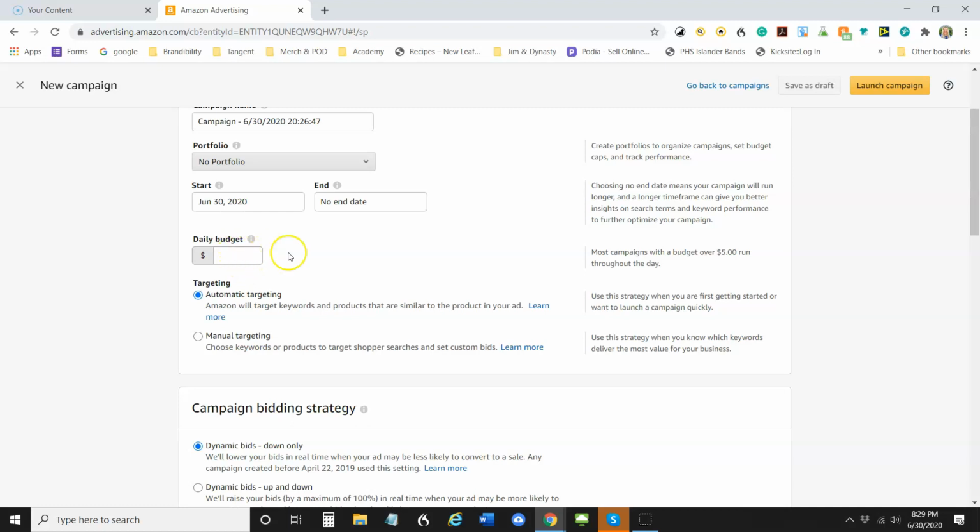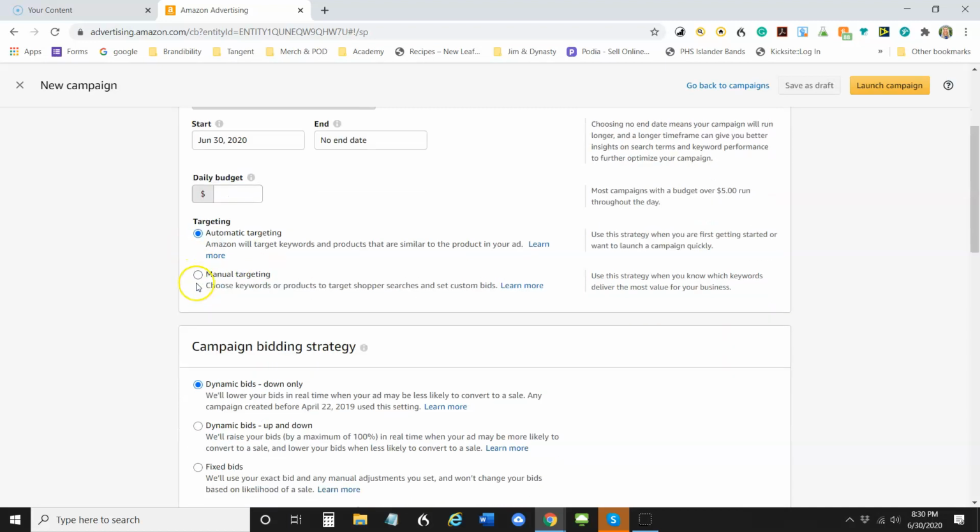I always put $5 to $10, and I know you're thinking, oh no, I can't spend $5 to $10. Okay, don't worry. Definitely pay attention if you can't afford it. But how I do my ads, my daily budget doesn't make much of a difference. It just gets my ad running, but I don't get charged $5 a day. Very rarely do I ever get charged with my strategy, because I do a very low bid strategy.